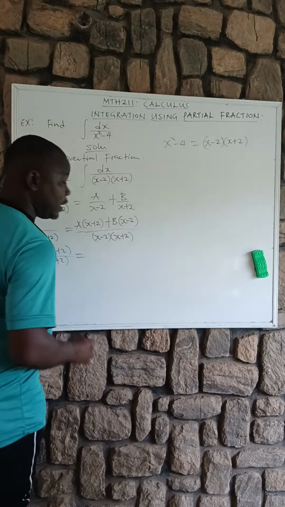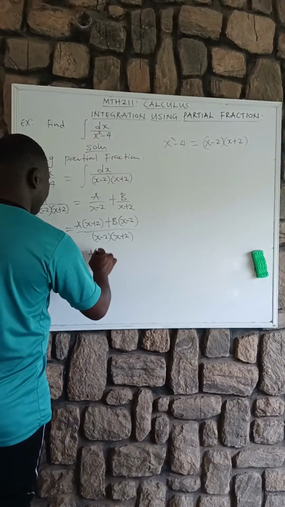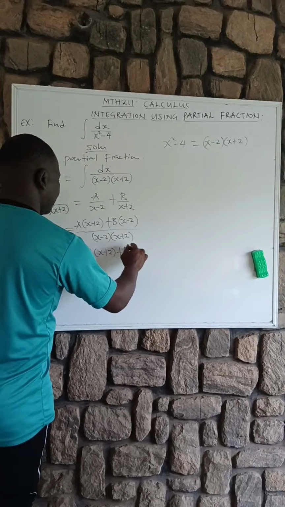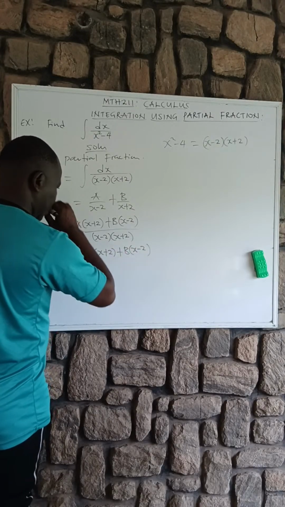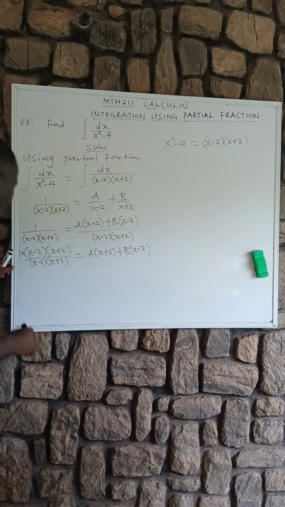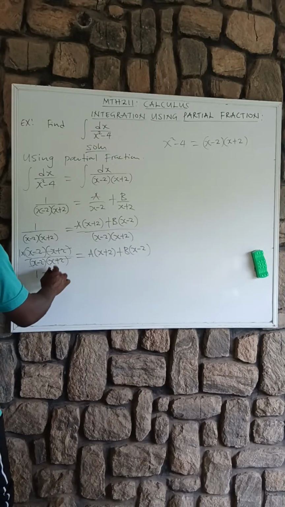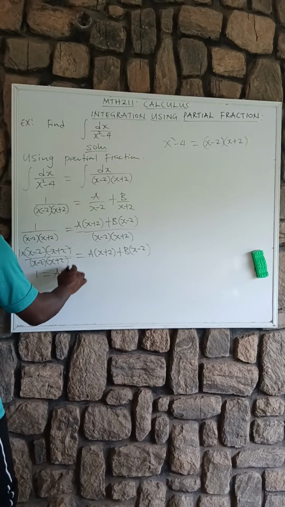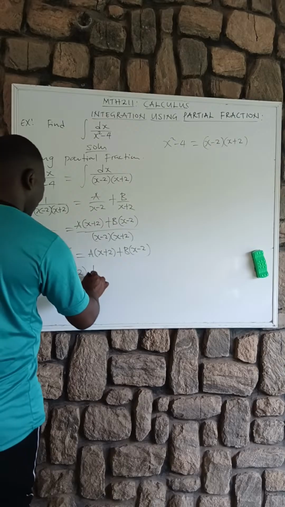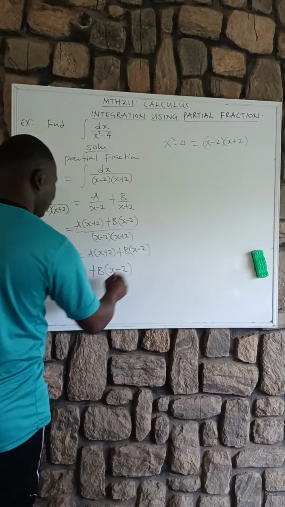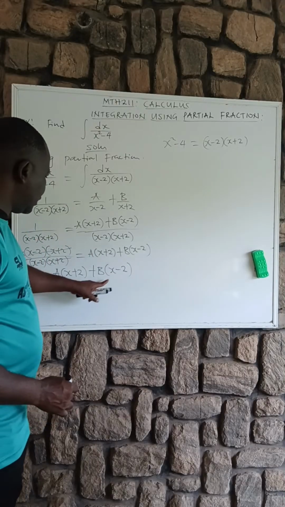Then the right side will now be A open bracket x plus 2 plus B open bracket x minus 2. True or false? So can you see now? This and this will cancel. The left side will be 1 equals A open bracket x plus 2 plus B open bracket x minus 2. True or false? Okay.